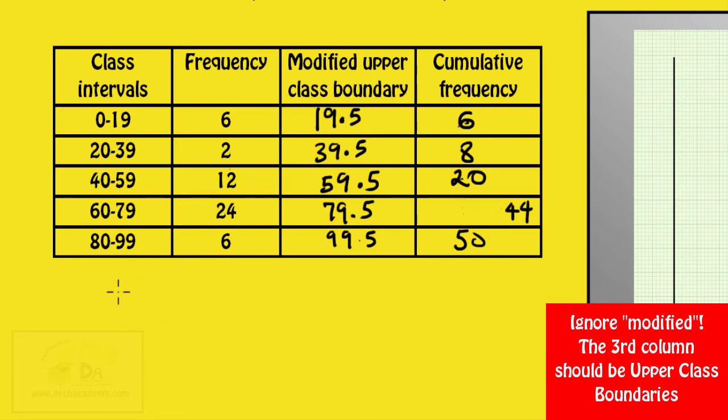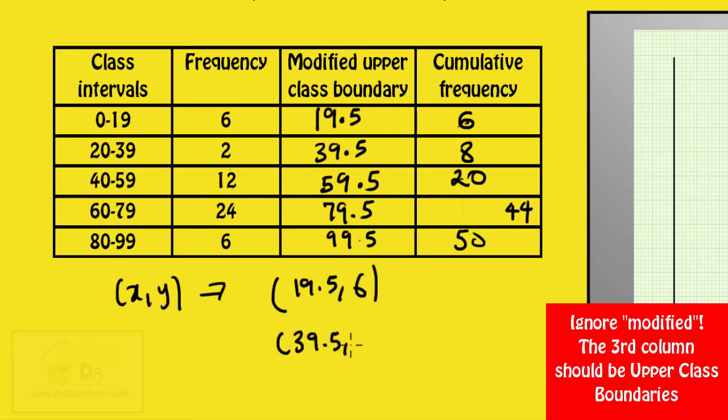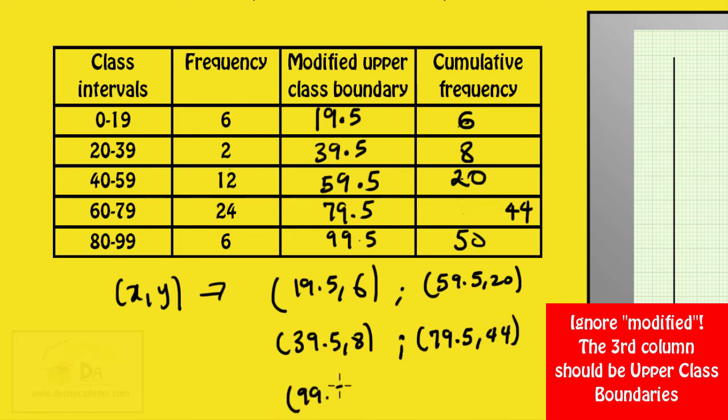well, the cumulative frequency has the y coordinate and the modified upper class boundary as the x coordinate. So these are the points you're going to plot. 19.5 and 6, 39.5 and 8, 59.5 and 20, 79.5 and 44, and then 99.5 which corresponds to a cumulative frequency of 50.